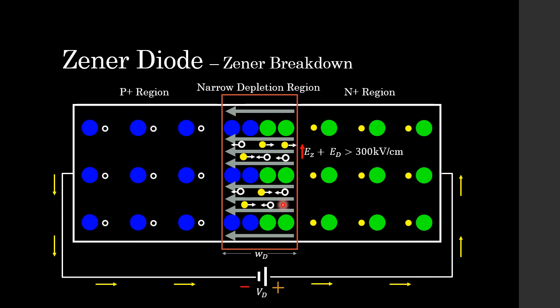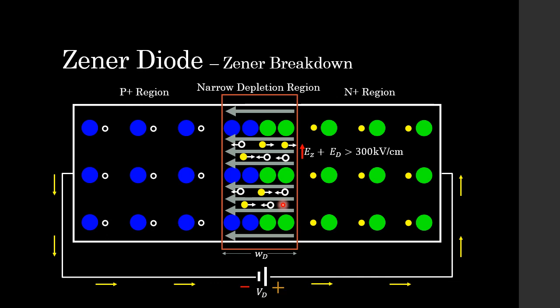And that kinetic energy that was imparted to the free electrons caused them to move and hit into covalent bonds within the crystal lattice, and they would then break those covalent bonds and cause more electron hole pairs to be generated, and those more electron hole pairs would also get a whole lot of kinetic energy into the free electrons, and those free electrons would just continue bombarding and breaking covalent bonds.